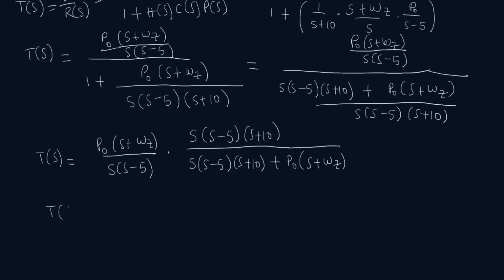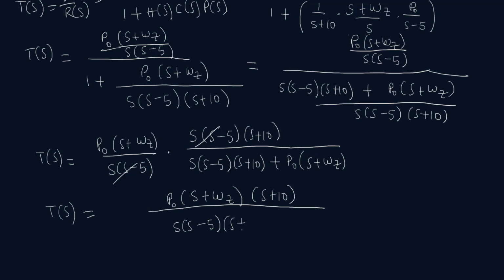So at this point, we can cancel these out. And the whole thing is now P0 (s plus wz) over (s minus 5)(s plus 10) plus P0 (s plus wz).